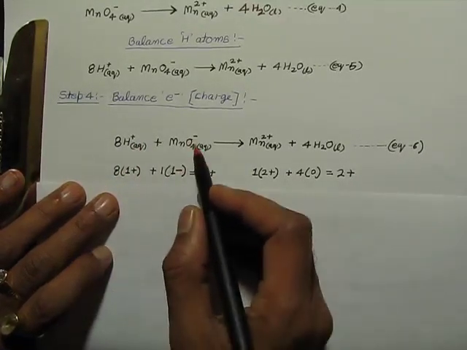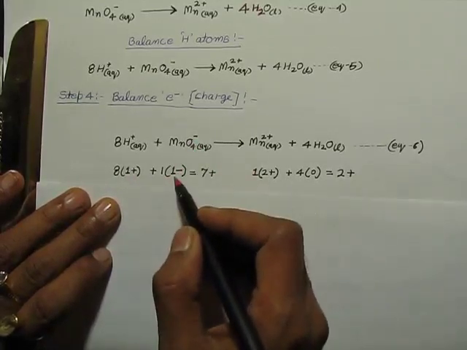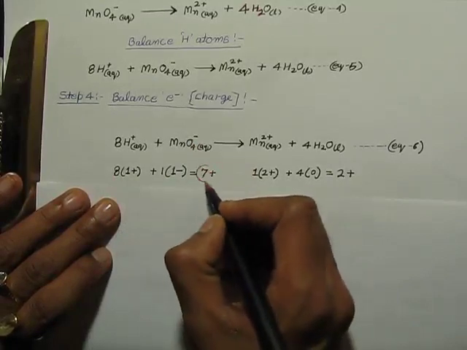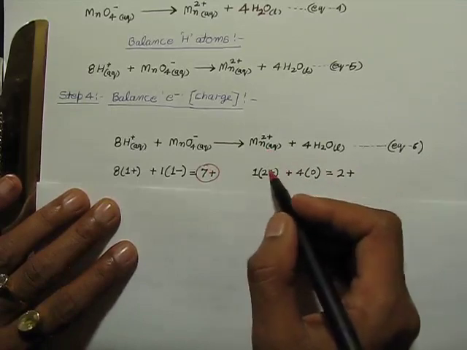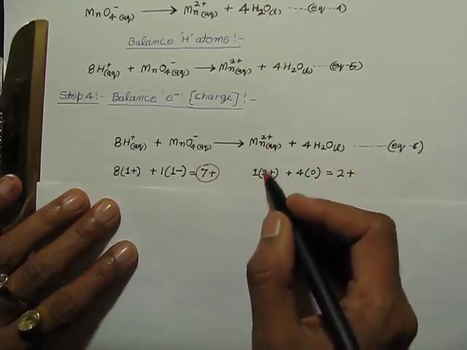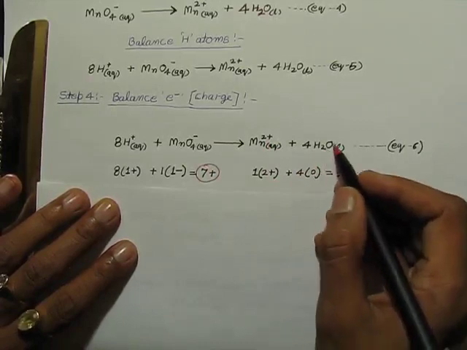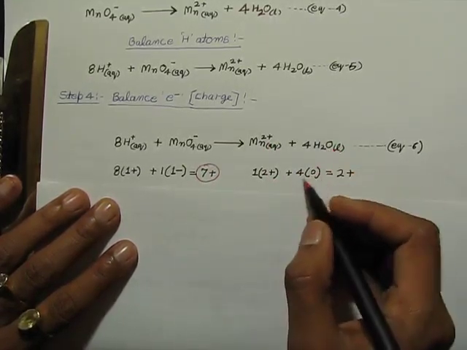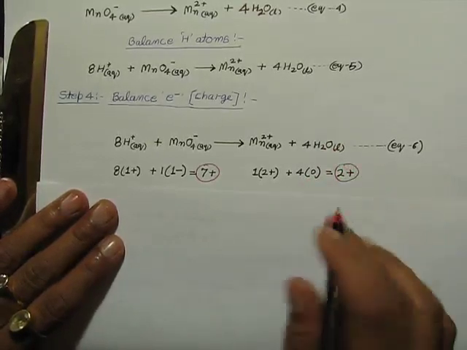The number of negative charges is 1 due to this ion, and if you add, you will get +7 here. On the product side, the total positive charge on manganese is 2+, and the total charge on the water molecule is 0. Basically it's neutral, so the total positive charge will be +2.